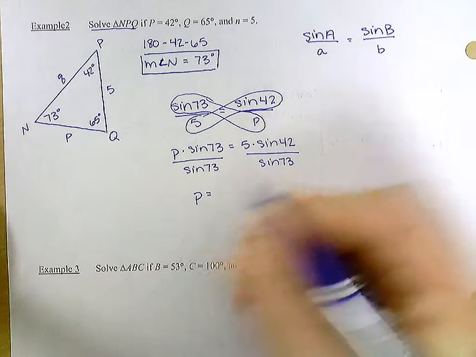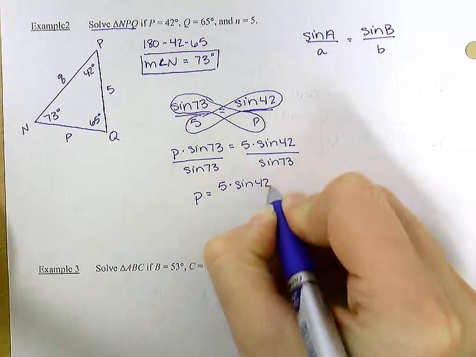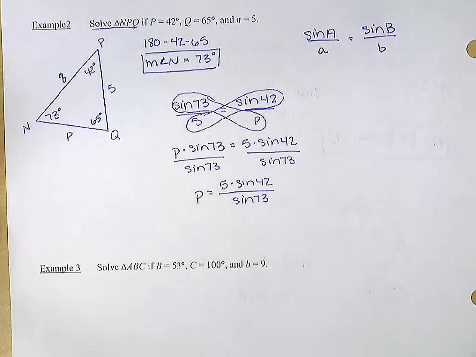Okay, so in your calculator, you would enter 5 times the sine of 42 divided by the sine of 73. And make sure you can enter that into your calculator and get the correct length. 3.49. 3.5.